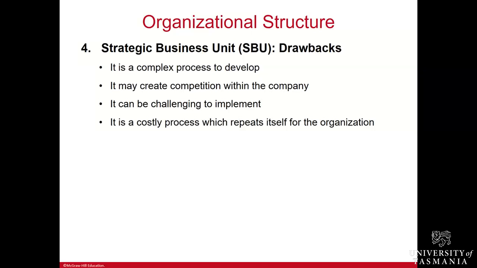And it can be challenging to implement. That's important, because it's a very challenging model. It's not easy to control 50 different brands or more under one structure. And it's costly, which repeats itself for the organization.